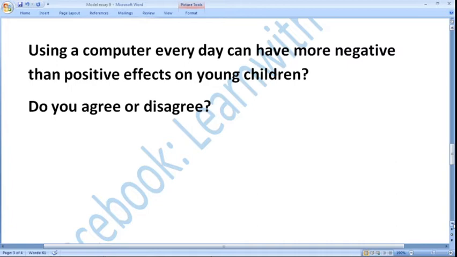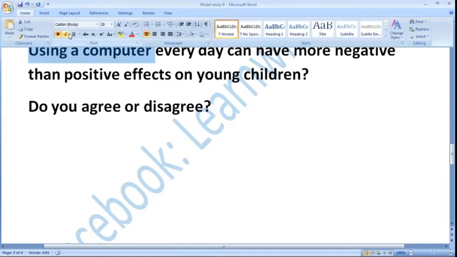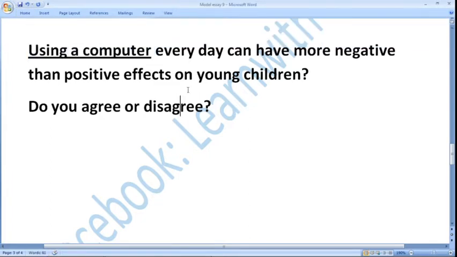So let us go step by step. First of all, after reading the question, we need to underline the important keywords. In your real exam, you just do it quickly. It will not take too much time.